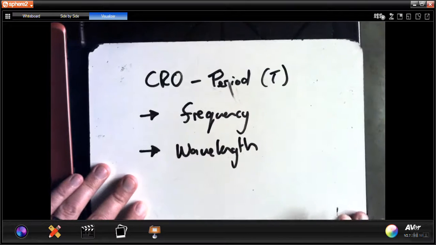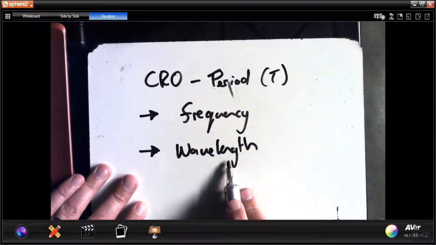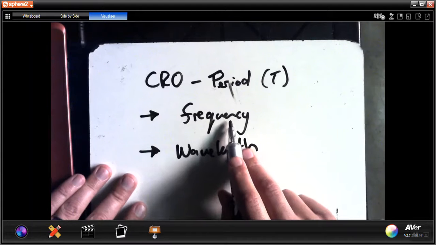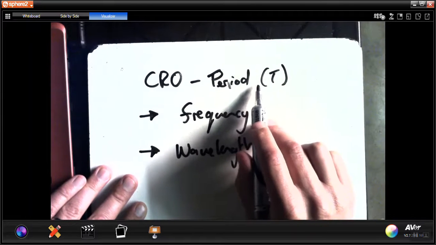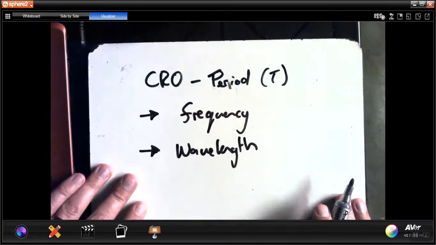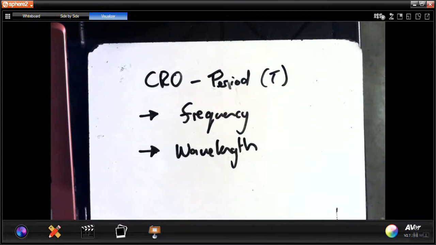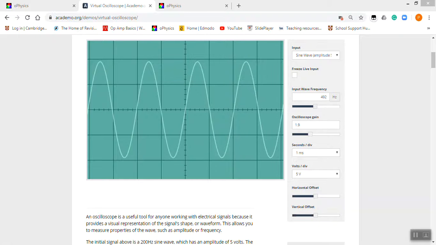It can also work in reverse. They give you the wavelength, you calculate the frequency, and then based on the frequency, you calculate what the period is for the CRO.